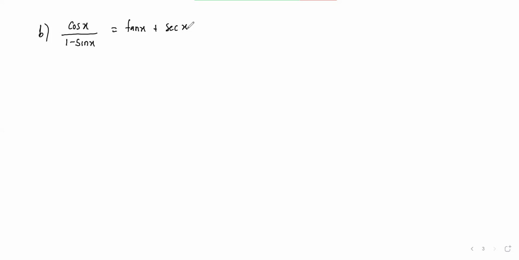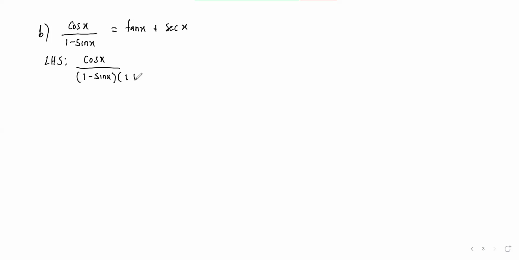There are so many ways we can do this, guys. If we want, we can go to the right hand side, or we can go to the left hand side. Either way. Let's try left. So we have cos x over 1 minus sin x. Then we conjugate this immediately.